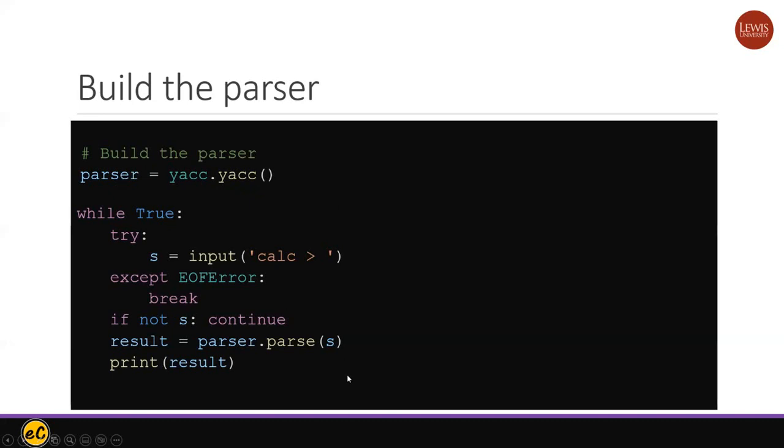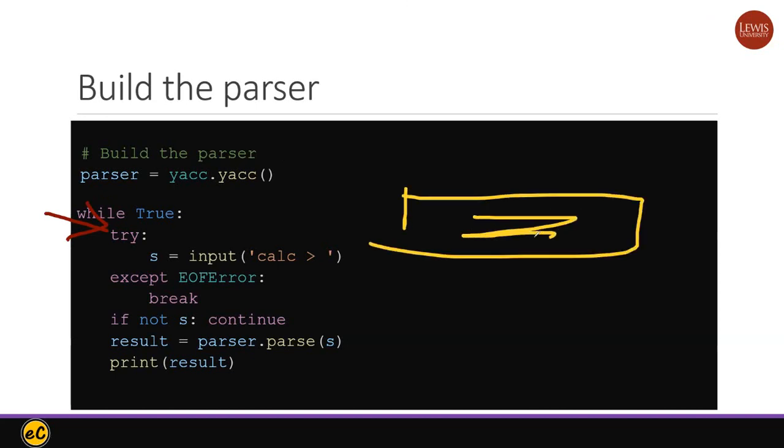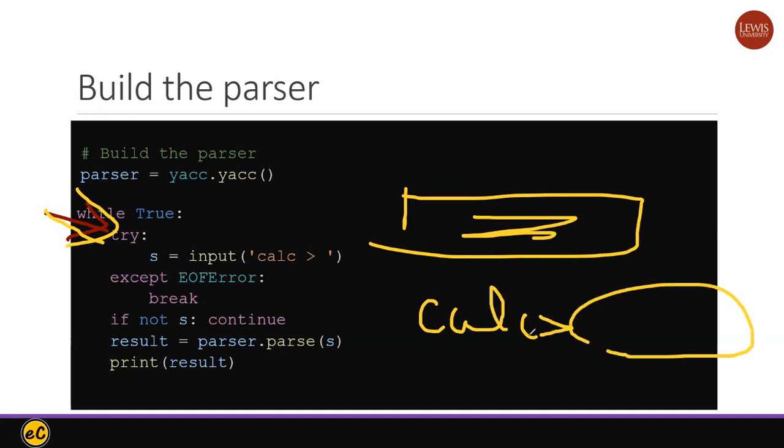The parser can take a string in, so parser.parse the string. You can keep doing this. This is a configuration for the interpreter. If you have a line, you interpret it. So the calculator will always show up, waiting for your input.